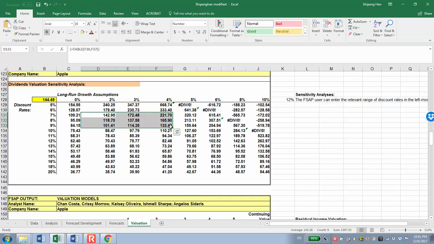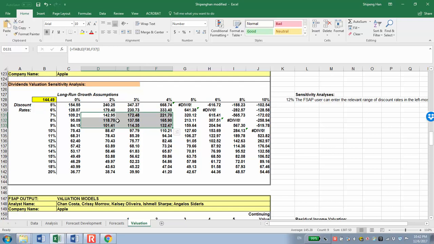If I choose these 9 cells, it means we change the long-run growth rate assumption from 2% to 4% rather than 3%, or we change the discount rate from 7% to 9%. So this gives us a range of the share value. The minimum is 101. The maximum is 221.